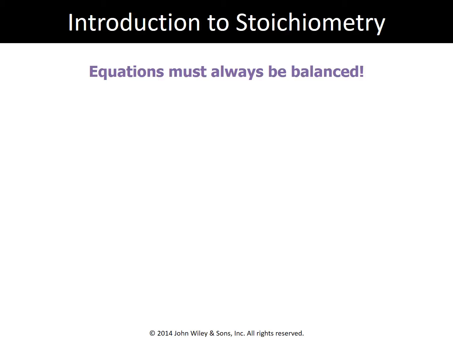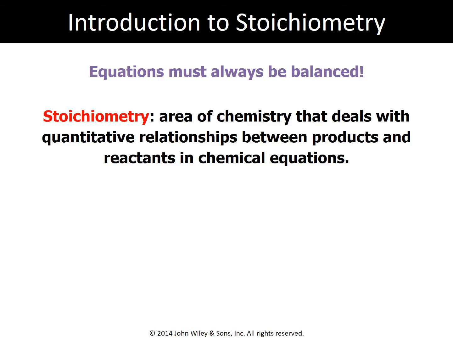So we're going to learn something called stoichiometry, and it's the area of chemistry that looks at quantitative relationships between our products and reactants in our balanced chemical equations. Anytime we're looking at these questions, make sure you see coefficients. Otherwise, our stoichiometry connecting these products and reactants is going to be inaccurate.